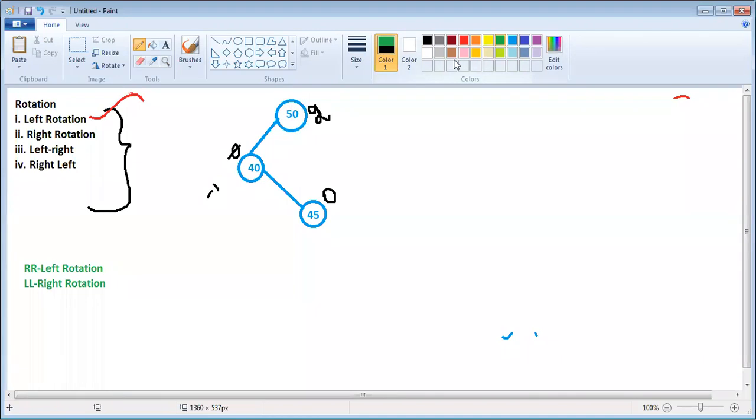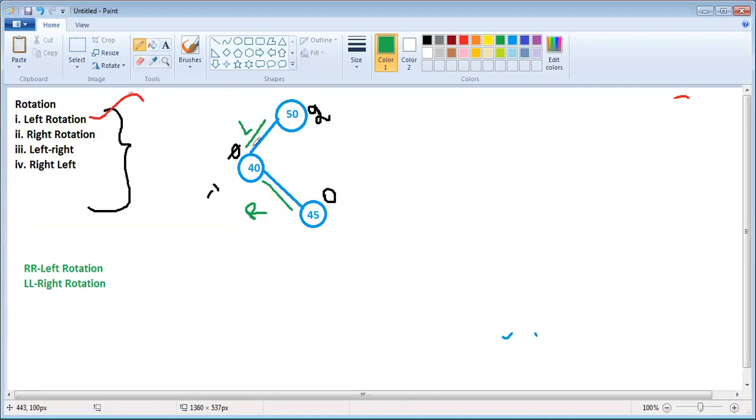So where is the property getting violated? This place. Going down, I'm checking whether it is left or right. Left. Then right. That is from top to bottom, left and right. So at that time, this is the place: 50, 40, 45.